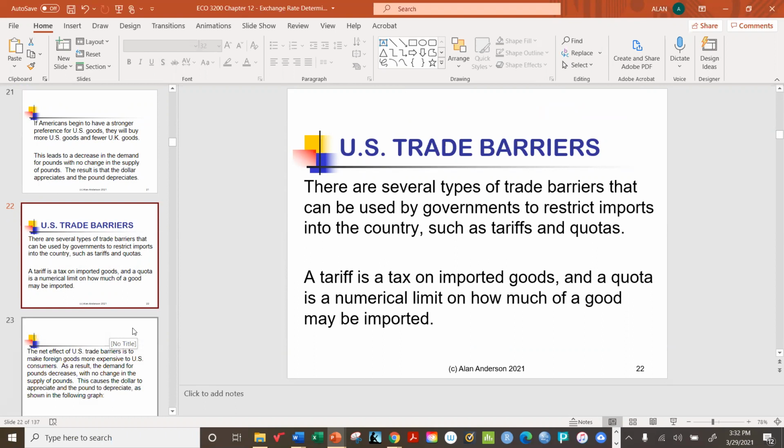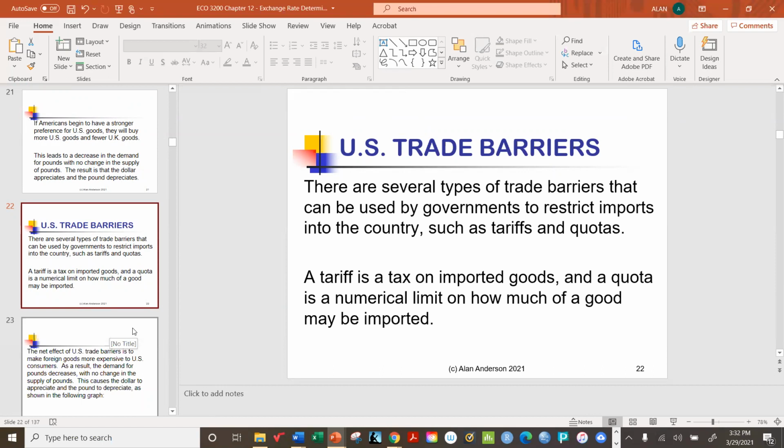But either way, the net effect is to protect domestic producers by making foreign goods more expensive in the United States. So the purpose of this is to reduce competition to our domestic producers. The problem is that it imposes higher costs on American consumers. So you and I end up paying higher prices because the government is protecting a domestic industry.